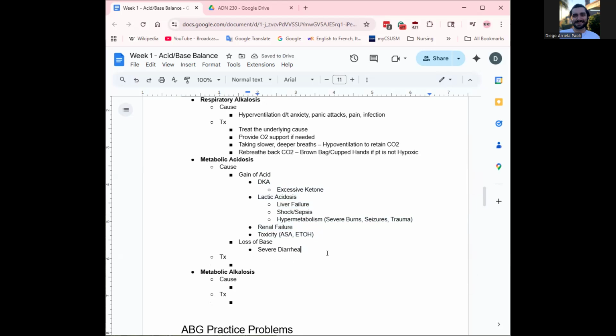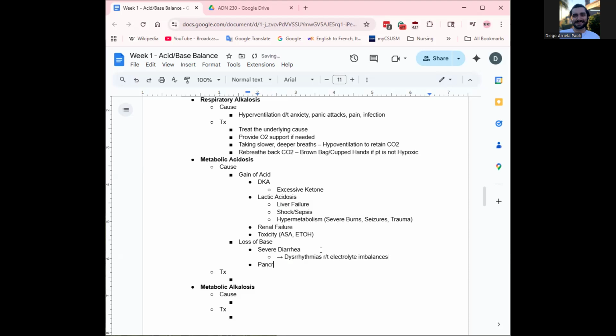You could lose a lot of base from severe diarrhea, which can also lead to some dysrhythmias because you're also losing electrolytes. If you recall, the potassium can be lost through that, affecting electrolyte balances.